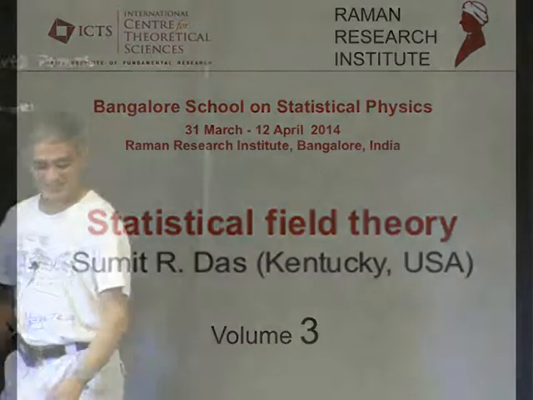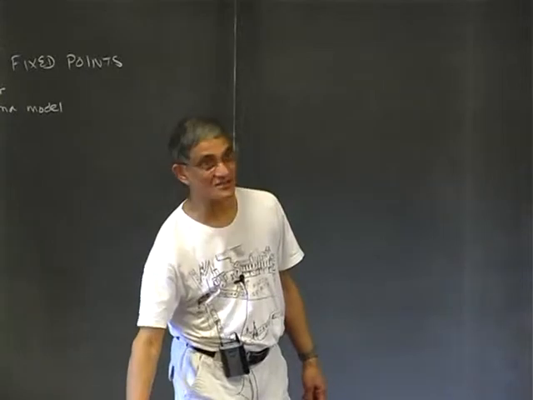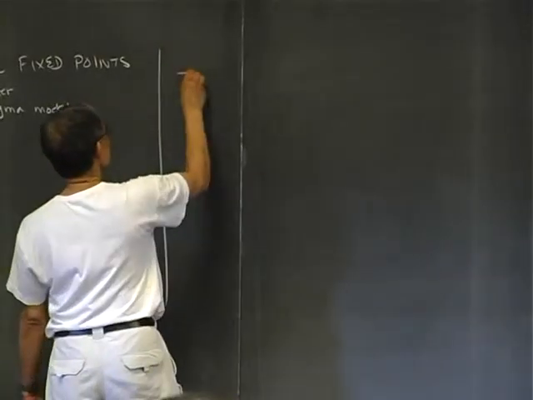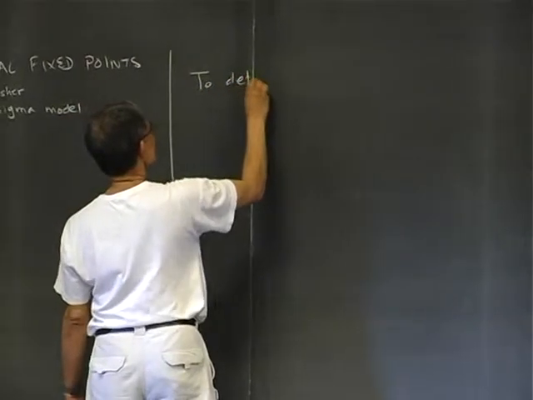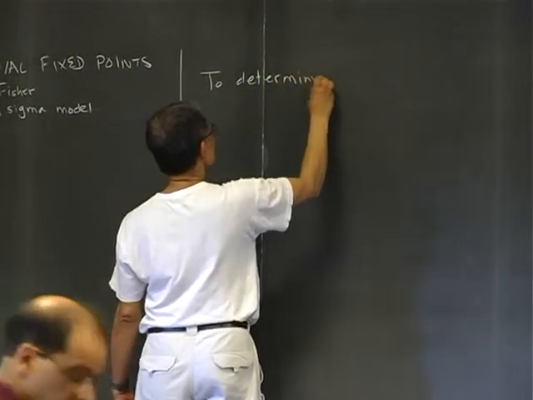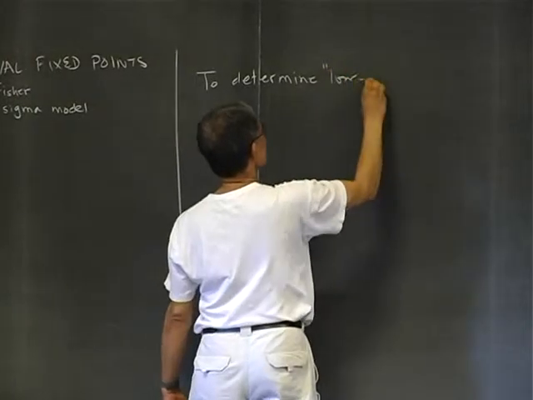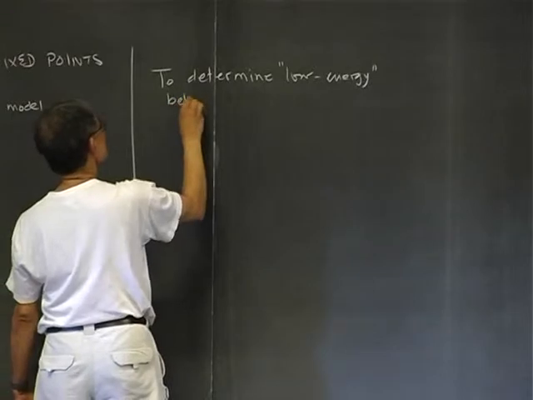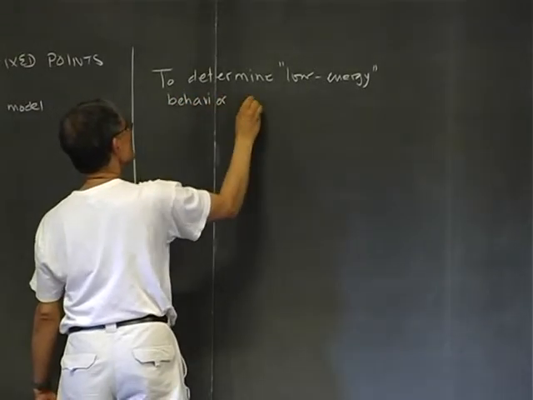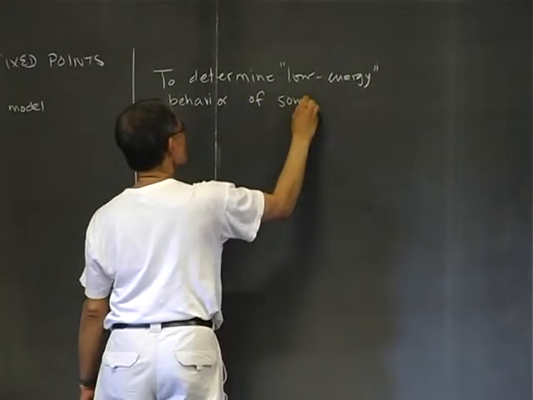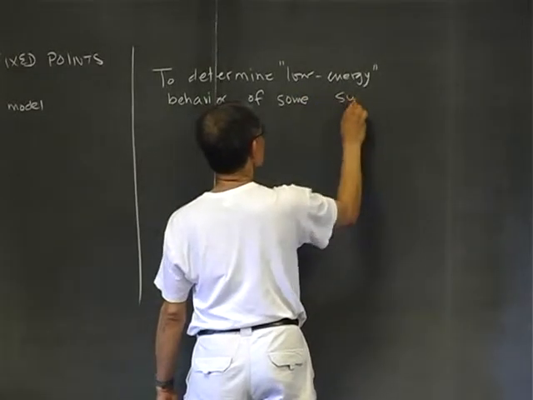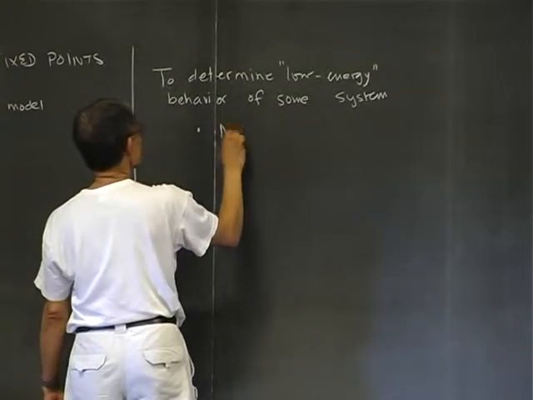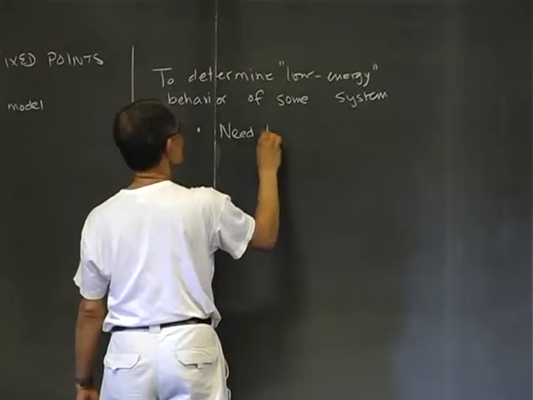Okay, so the main lesson of yesterday's lecture was the following: to determine the low energy behavior of some system, the first point is to identify fixed points.